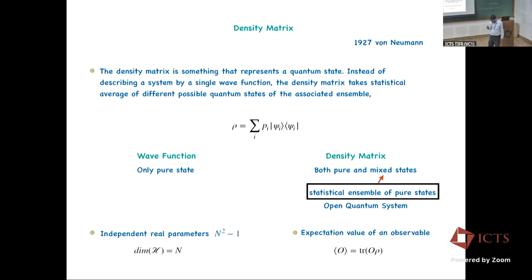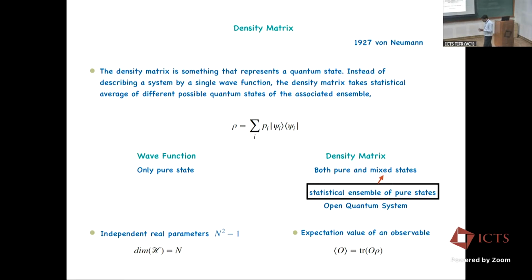These density matrices are constructed from projections of all available states of the associated ensemble. Likewise, mixed states are a kind of statistical ensemble of pure states, a convex sum of pure states, and they often arise in the context of open quantum systems.